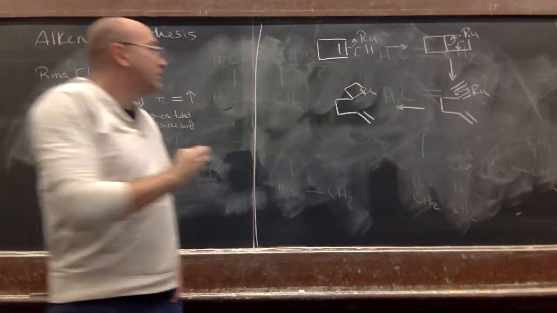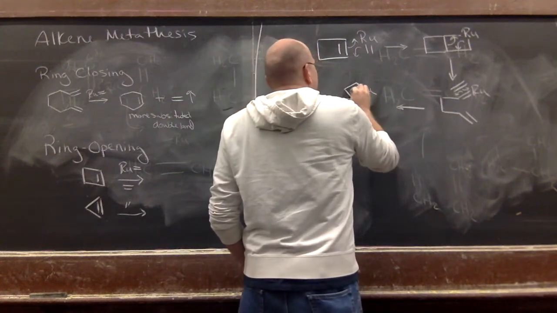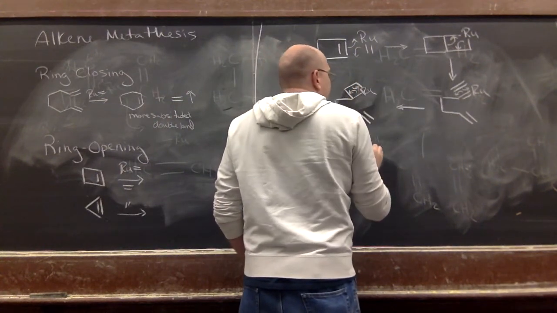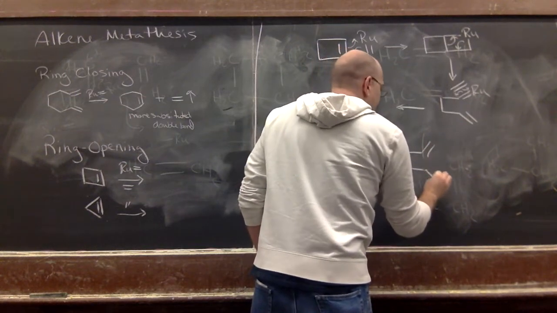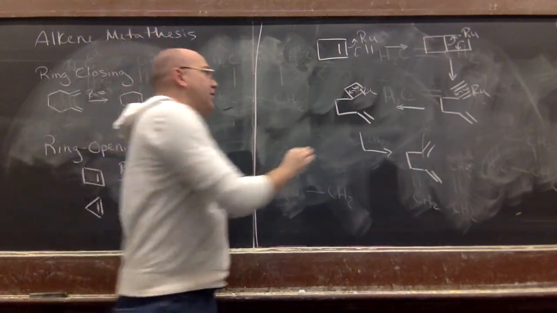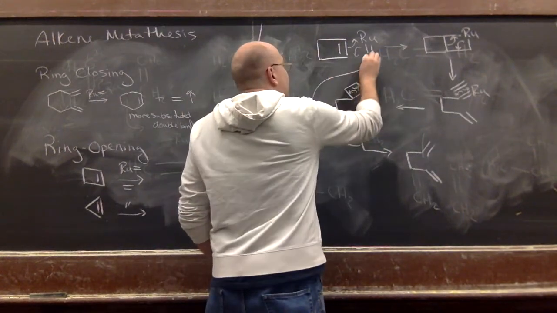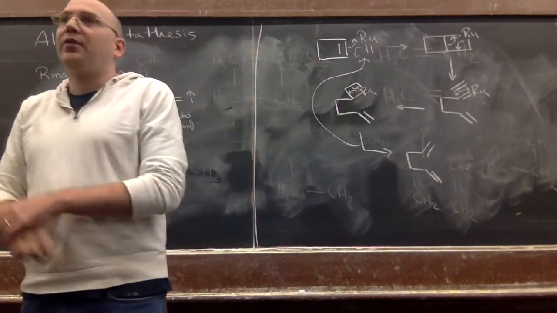And then the arrows get pushed the same way, and then you get two double bonds on the end of the chain. Yeah. And then we regenerate our ruthenium, right? And the ruthenium keeps going.